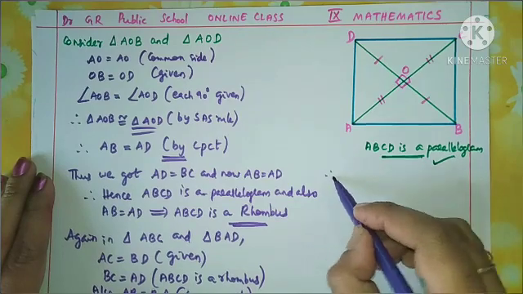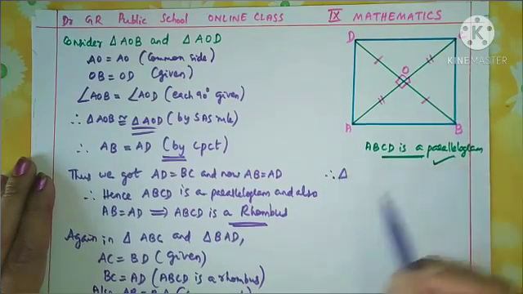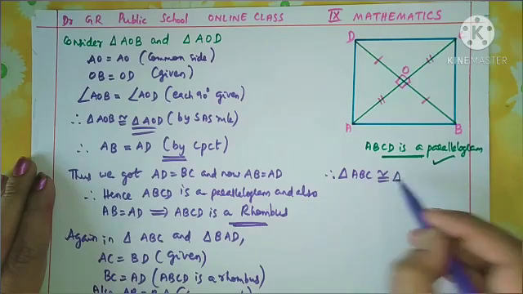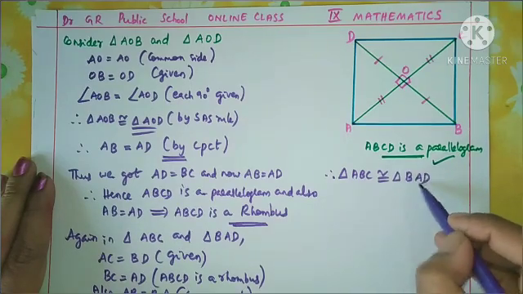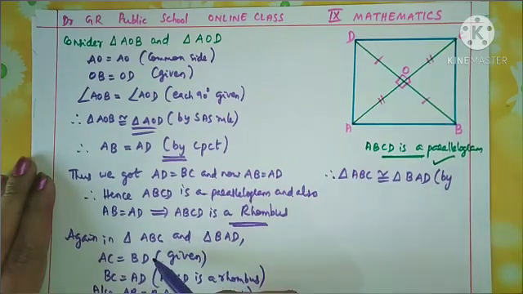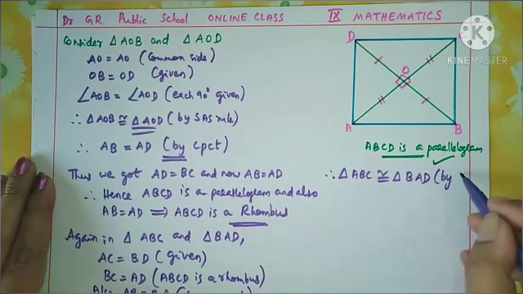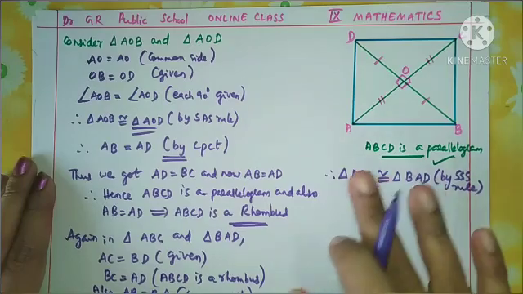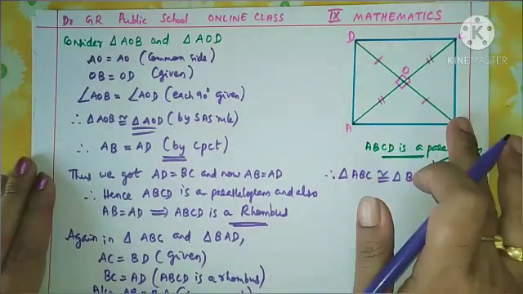So, what can you write? Therefore, triangle ABC is congruent to triangle BAD. By which axiom, children? By side, side and side. By SSS rule. So, we proved these two triangles are congruent.